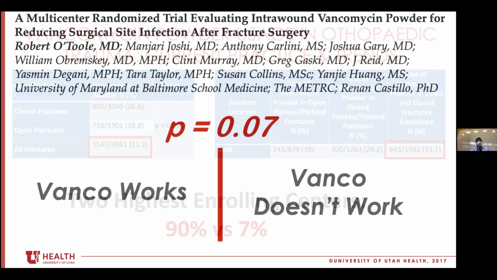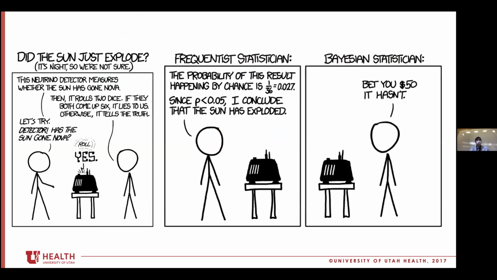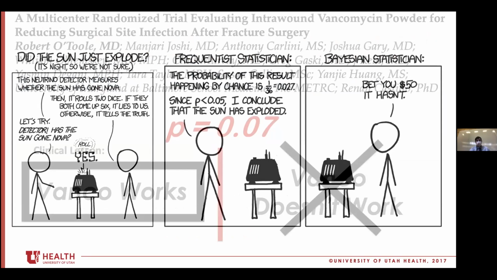Which leads me to believe that the treating providers at those two centers saw this p-value, because I know they were at the Orthopaedic Trauma Association and I know they saw that presentation. They saw this p-value and they came to the exact opposite conclusion, which is totally fascinating, right? And it lends itself nicely to some statistical humor about Bayesian versus frequentist statistics, but we'll just leave that for another day because that's a whole topic on its own.